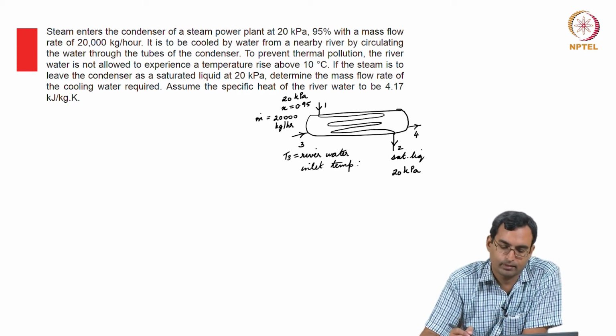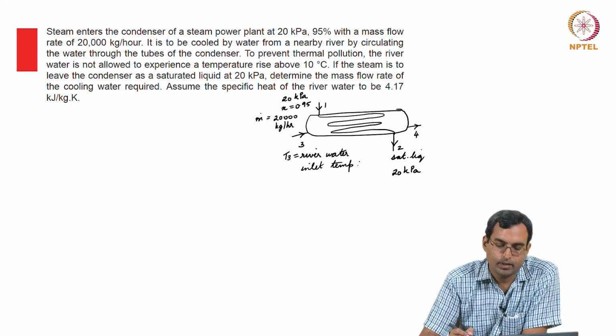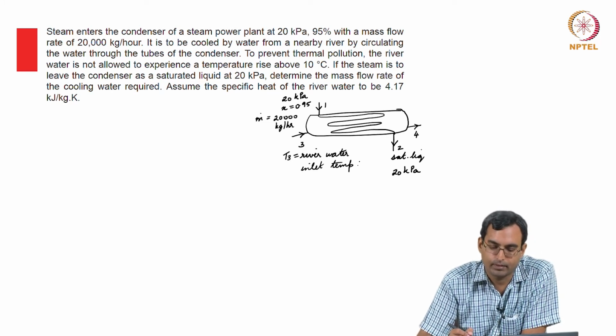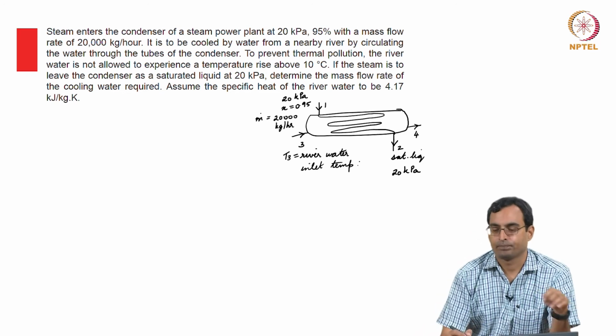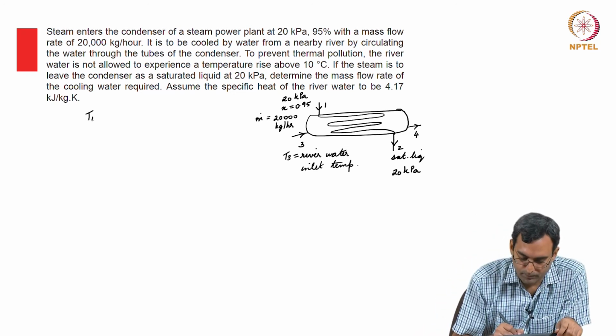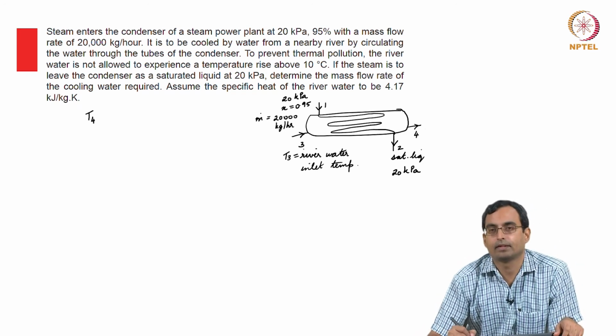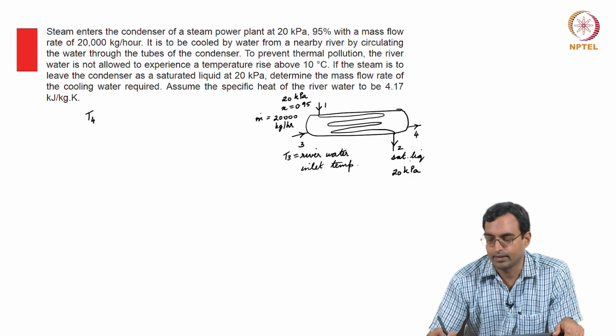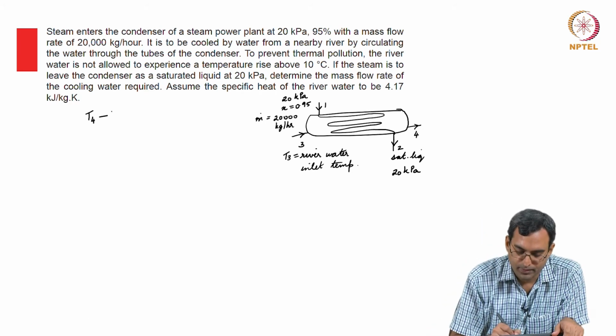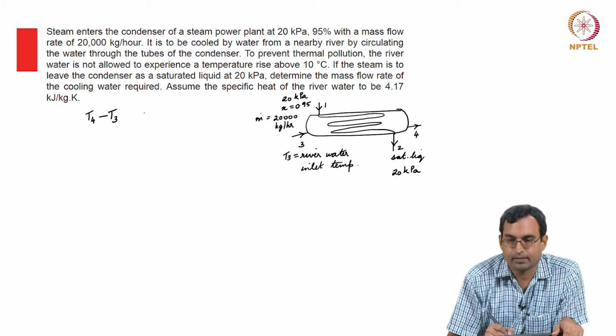It says that the river water is not allowed to experience a temperature rise above 10 degrees. So, what it says is that T4 will be higher than T3 because this river water is being heated by this steam which is condensing. T4 minus T3 should be less than or equal to 10 degrees.